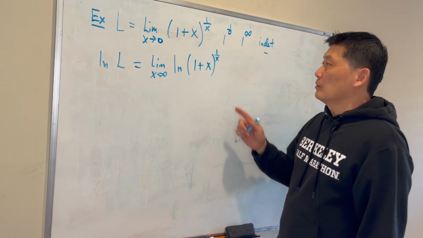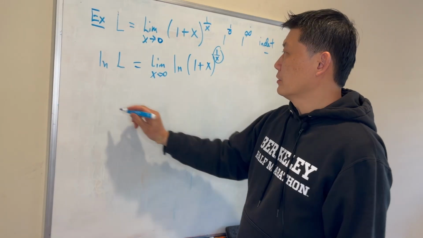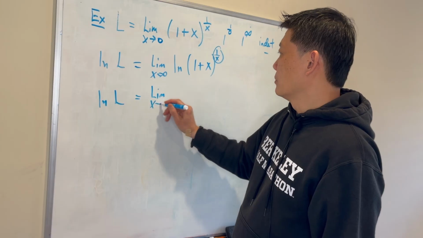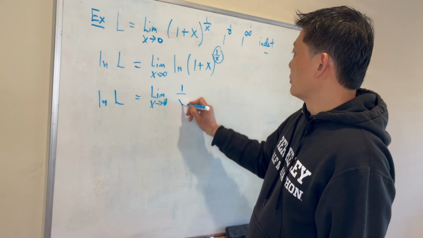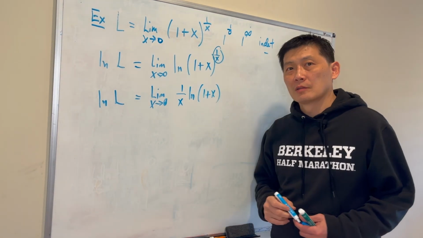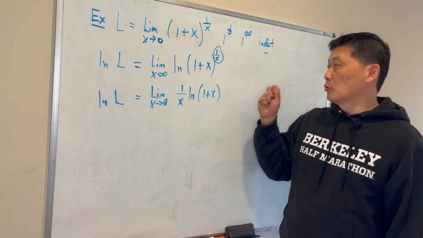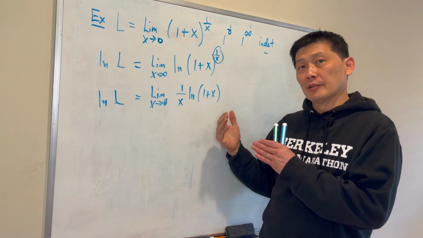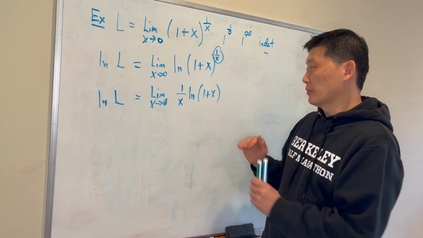Now, in this case, we can bring this 1 over x to the front. So we get ln L is equal to the limit as x approaches 0 of 1 over x times ln(1 plus x). Remember earlier I said that in order to use L'Hopital's rule, you have to apply it to a function in quotient form, meaning something divided by something.